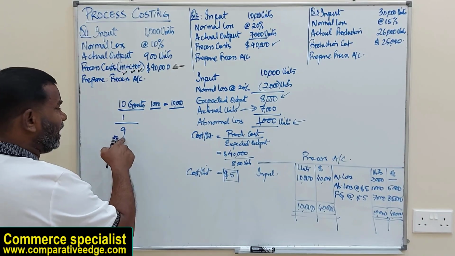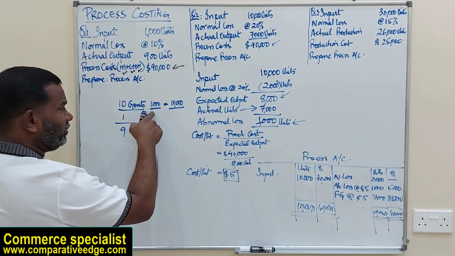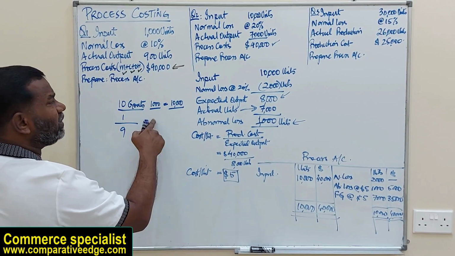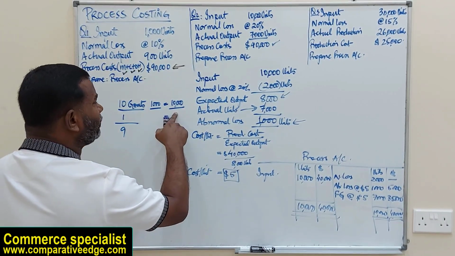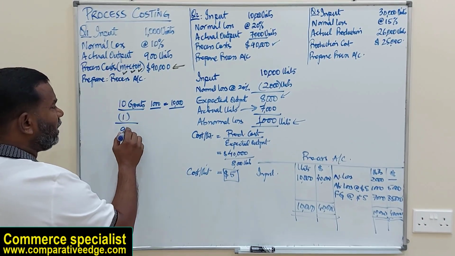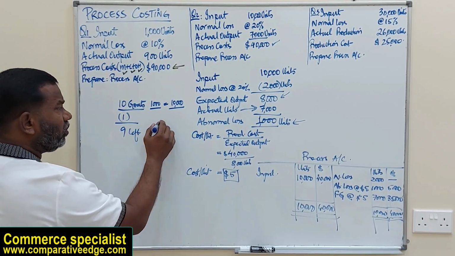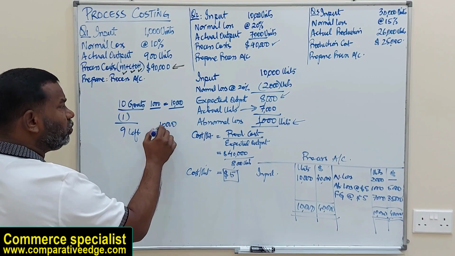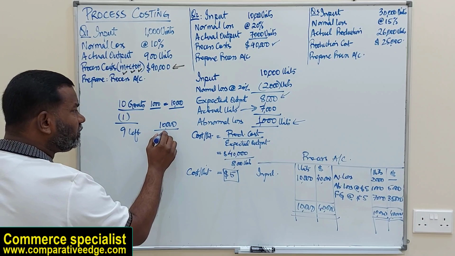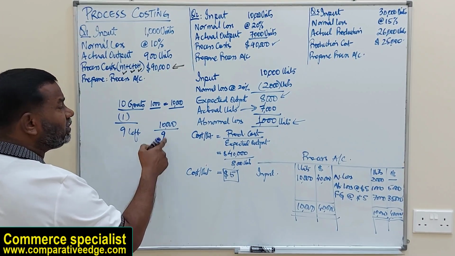If you sell these 9 goats for 1,000, you will recover 9 into 1,000, that is 9,000 as your cost, but the actual cost was 10,000. So because one goat died, you're left with 9 goats and your cost was still 10,000. So this total cost is divided by the goats which are alive. Alive goats means the good units.